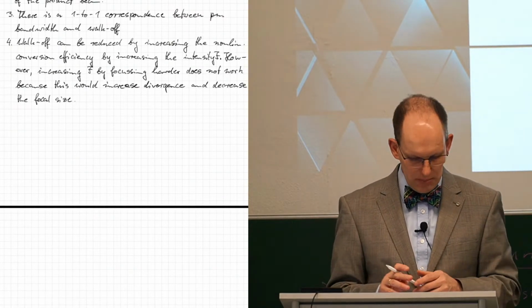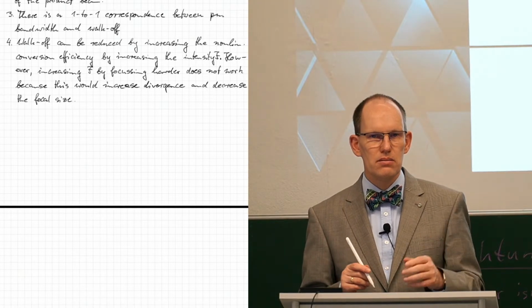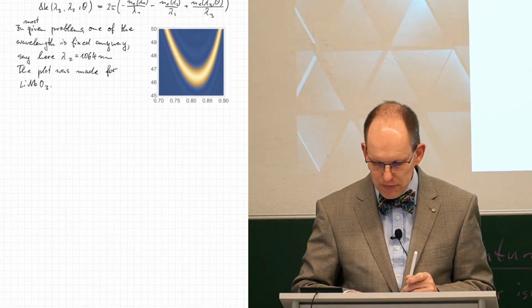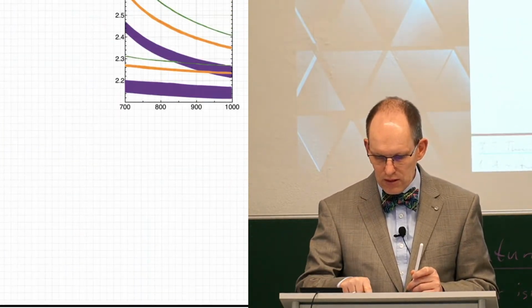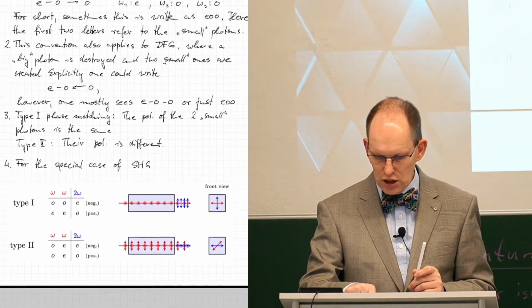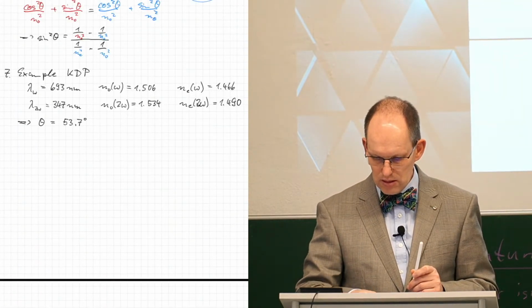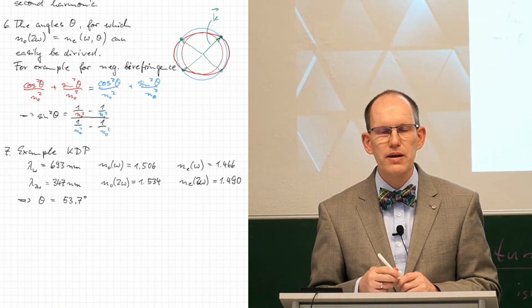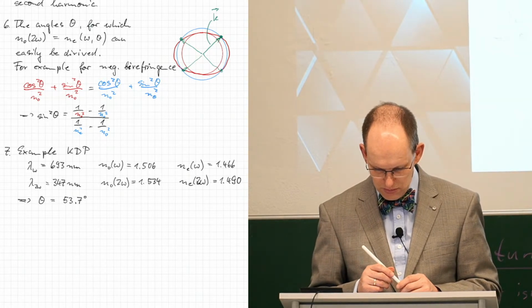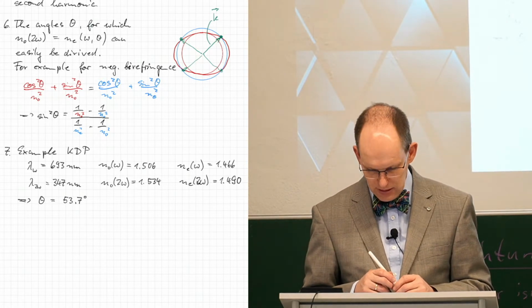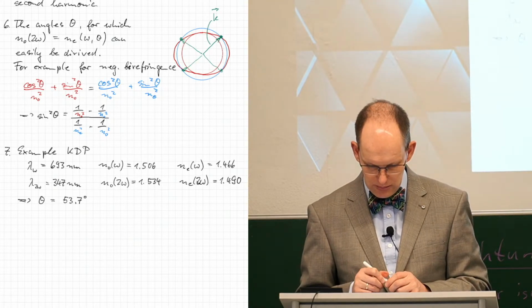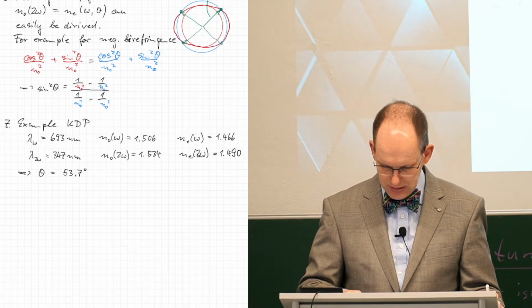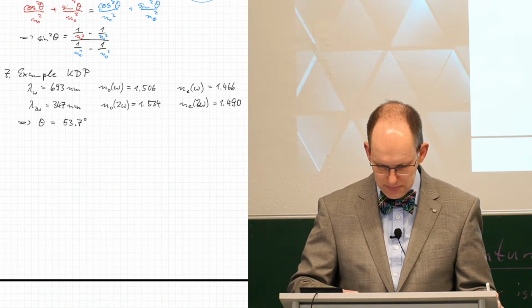I just did an example for that. I looked at KDP, the same example that we looked at above when we looked at critical phase matching, many pages back. I took a wavelength of 693 nanometers. I'm not sure why I chose 693; I guess I checked some result in some book and verified the calculation.